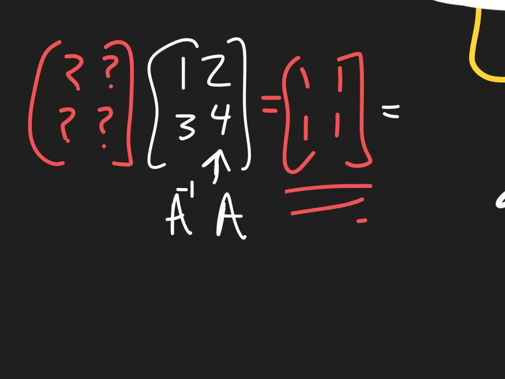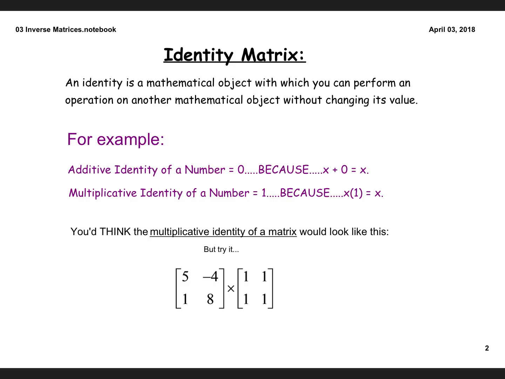So what the heck is 1 in matrix world? Go to the next. If you multiplied these two matrices together, you'd get the 1 matrix, called the identity matrix. That's what the number 1 is in matrix world. 1 is called the identity.